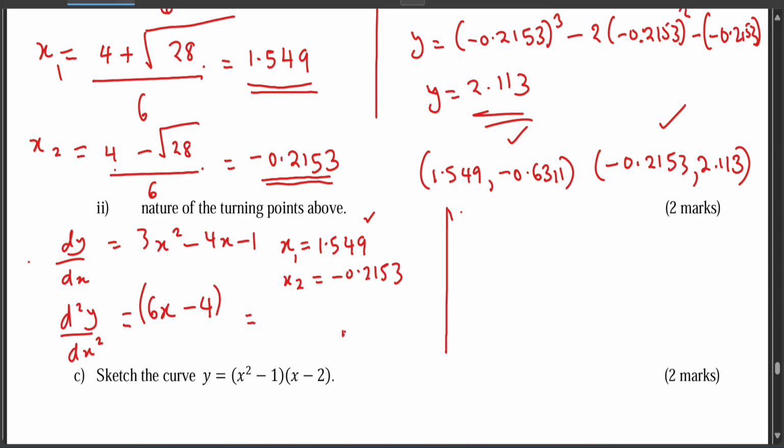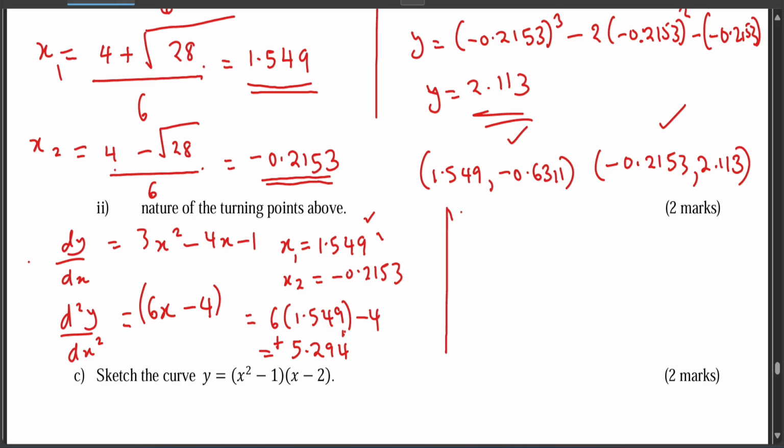Will it give you a positive answer or a negative answer? You substitute: 6 times 1.549 minus 4. Our concern is not the answer itself, it's just the positiveness or negativeness of the value. So it gives us 5.294, which is a positive value.